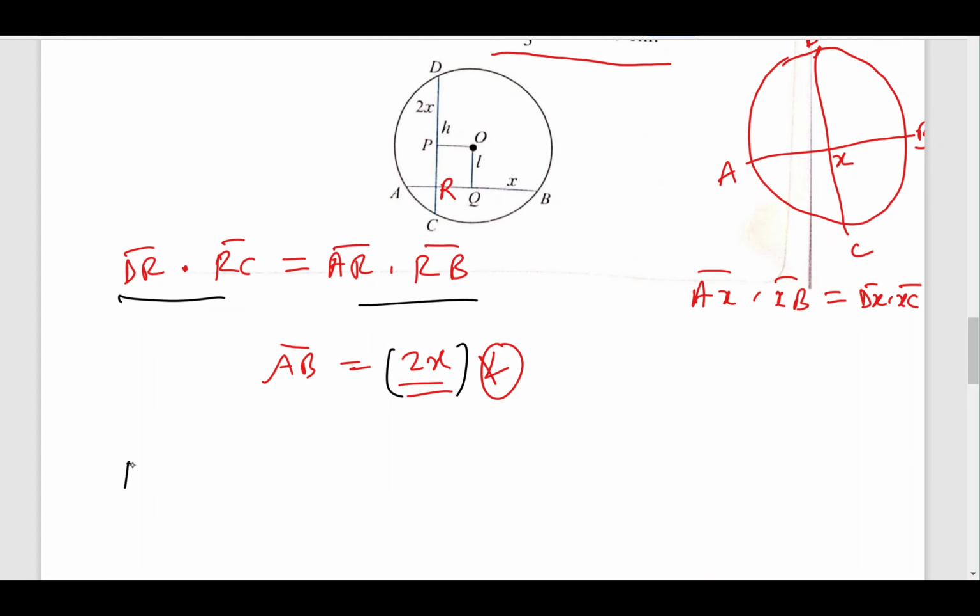So let me start with DR. DR, it is 2x plus L, okay?